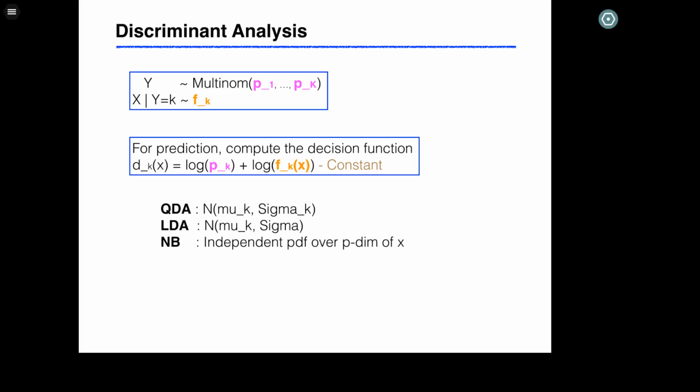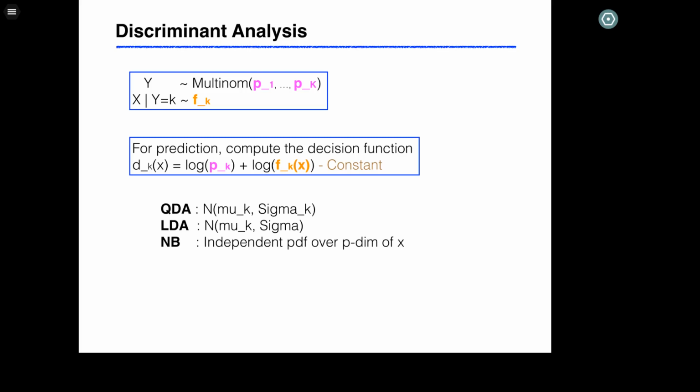When we try to form a prediction at a new feature x, what's relevant is to calculate the product of pk times fk, and then we rank all the capital K different products and predict with the highest value. That's equivalent to computing the log of that product, known as the decision function d sub k.